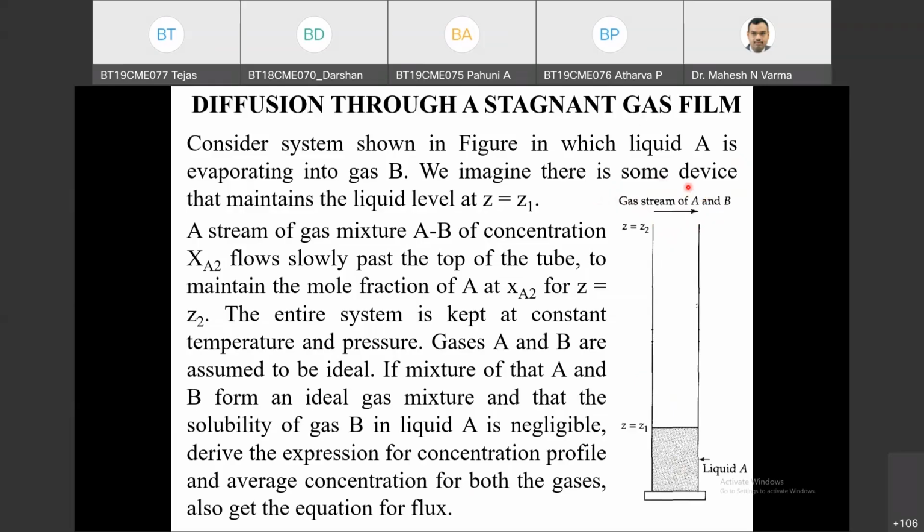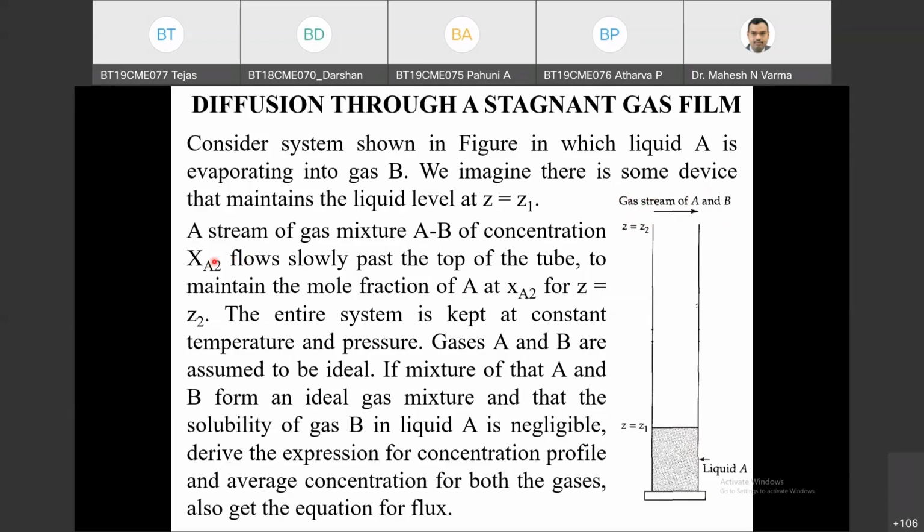This gas stream is having A and B. Here we have pure A, and this gas stream is having A and B. So certainly the concentration here is not changed by the evaporation rate, because there is a continuous flow of this gas stream. So it is maintained at XA2.